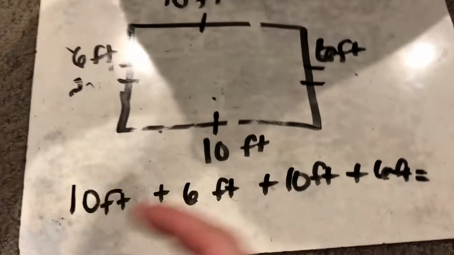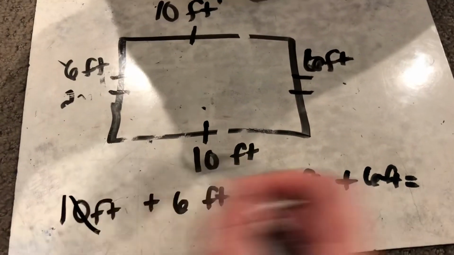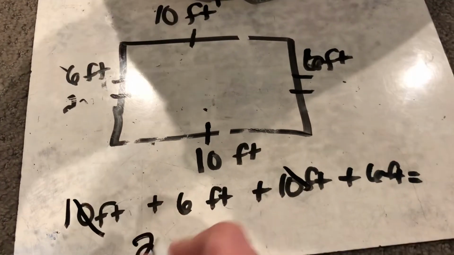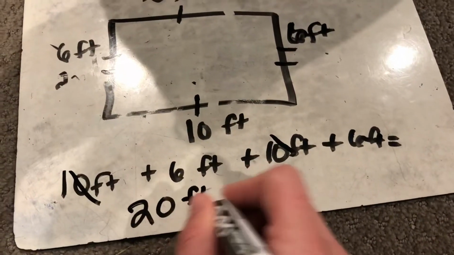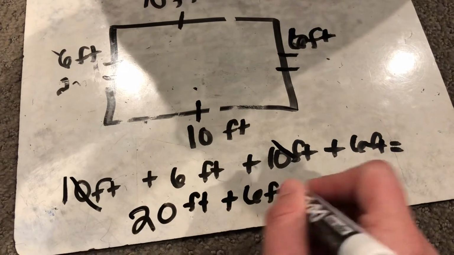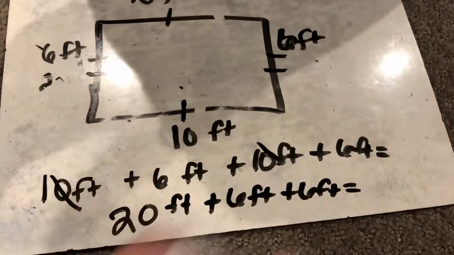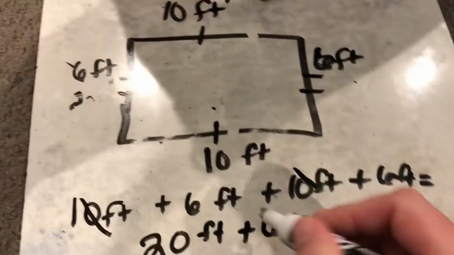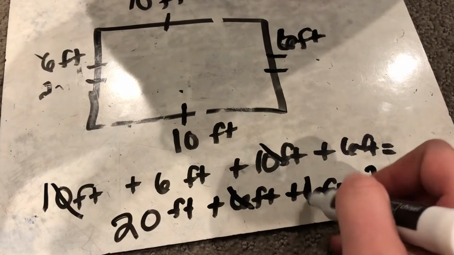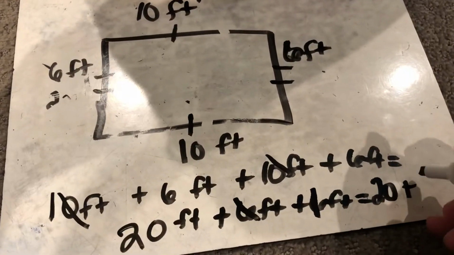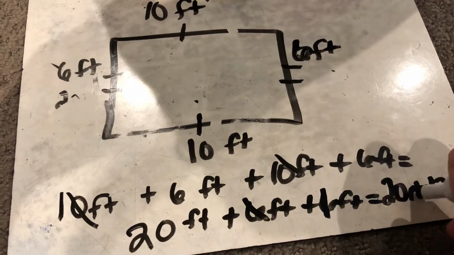So you know what 10 plus 10 is. That's 20. So I have 20 feet plus 6 feet plus 6 feet. Well, you know what 6 plus 6 is, so it's going to be 12. So I'm going to go ahead and cross off those 6's because I'm going to combine them. 20 plus 12 feet. Sorry, I forgot my measurements.